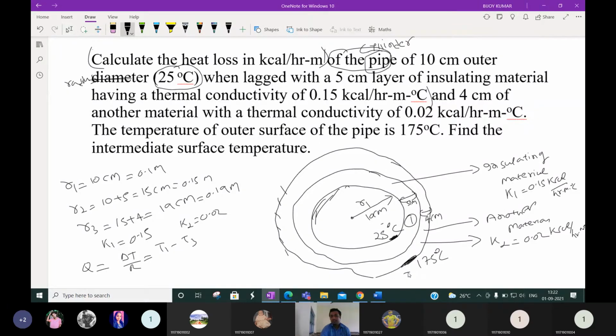Suppose this is T1, this is T2, this is T3. Heat will flow from outer side to inside because the outer side temperature of 175 degrees is higher, divided by R1 plus R2. R1 you can determine, it is the thickness x by KLM, and R2 is also x by KLM. You can determine this. Same problem.